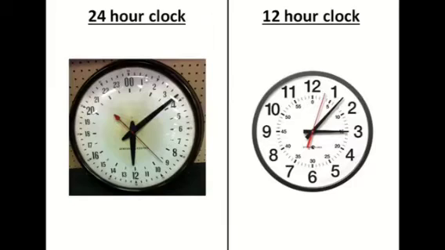So the time interval between 00 hour in the midnight to 12 hour in the afternoon is called antemeridian, and the time interval from afternoon 12 hour to midnight 00 or 24 hours is called postmeridian. So antemeridian we will represent as AM and postmeridian we will represent as PM. So AM is before the midday and postmeridian or PM is after the midday.